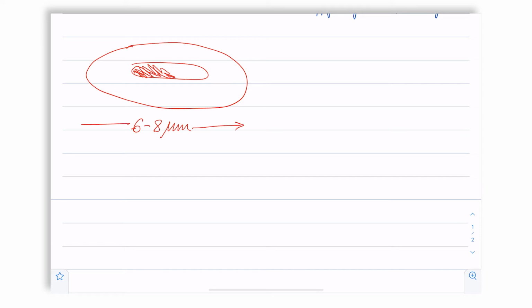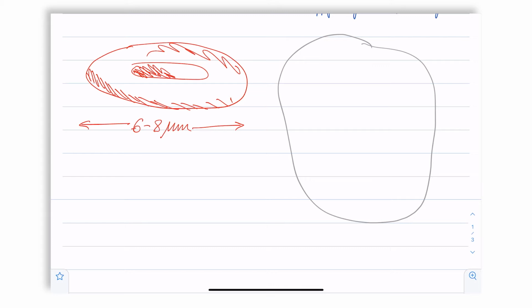And indeed, you will find that this size of the red blood cell is itself used as a metric for health. In contrast, white blood cells can be large, reaching 12 to 15 microns in diameter.